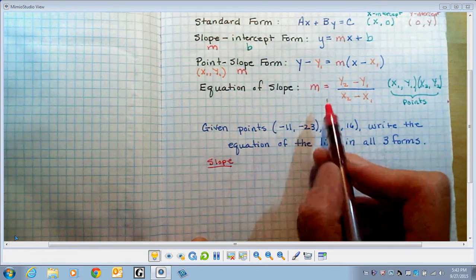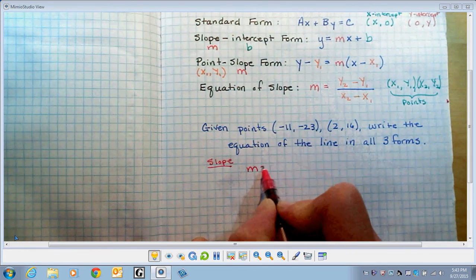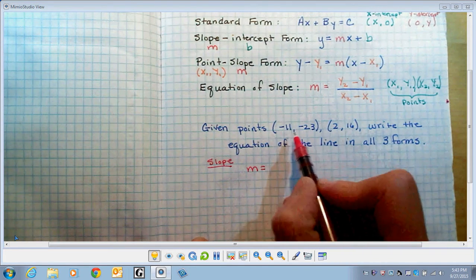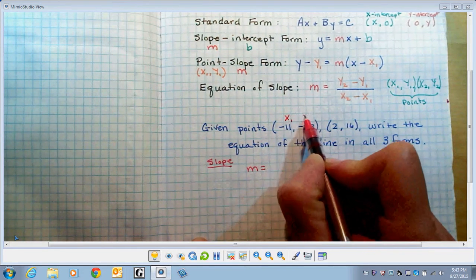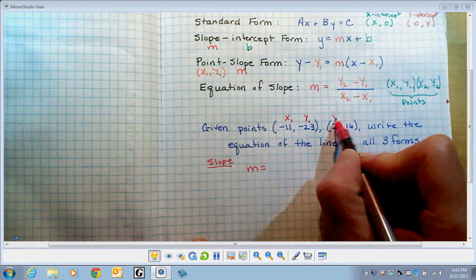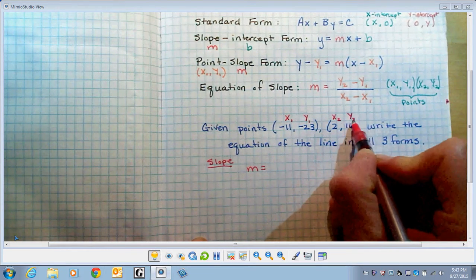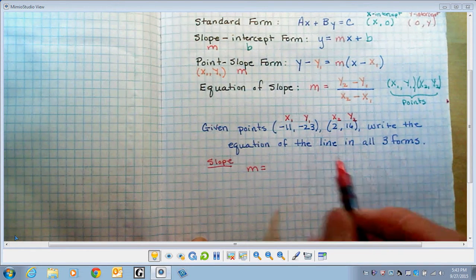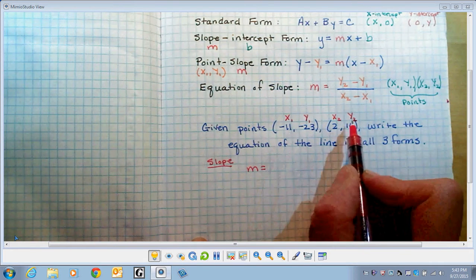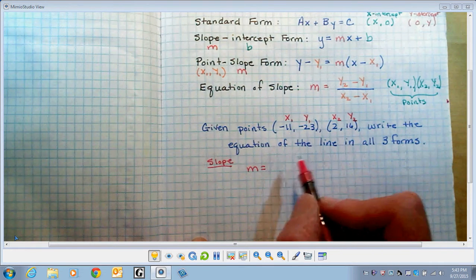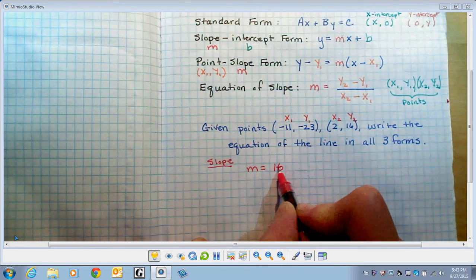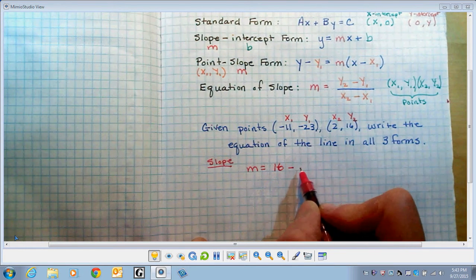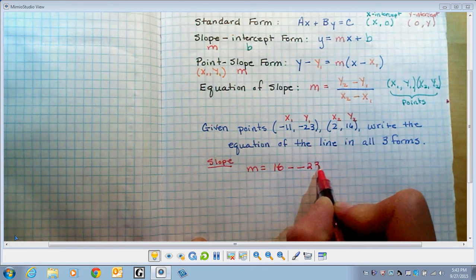So my slope is m equals, well, let's label these. This is going to be x1, this is y1. This is x2, this is y2. So let's see, I'm going to do y2 minus y1. So y2 is 16 minus y1, which is minus 23.